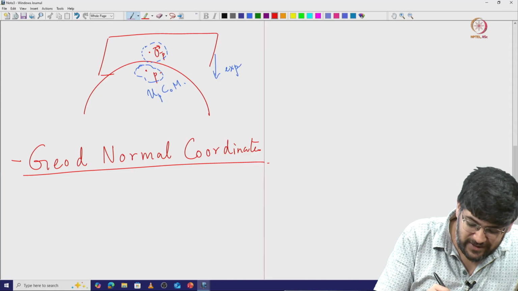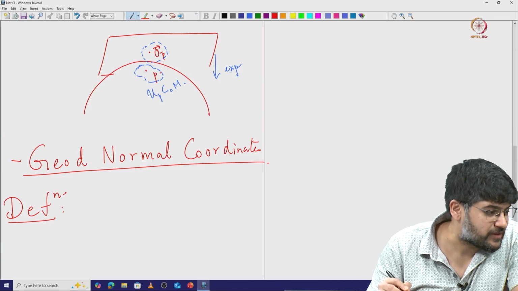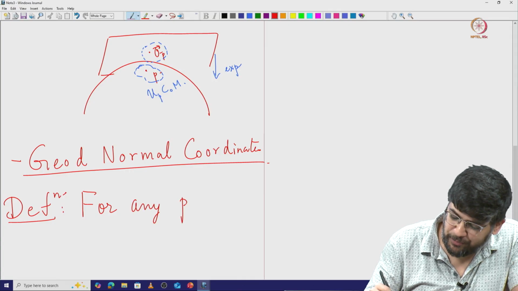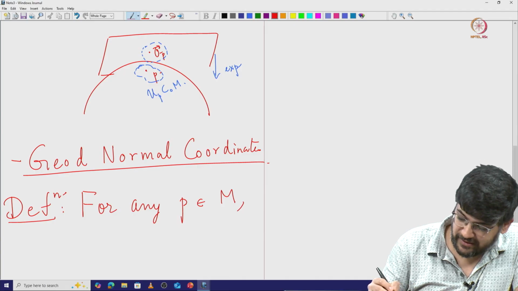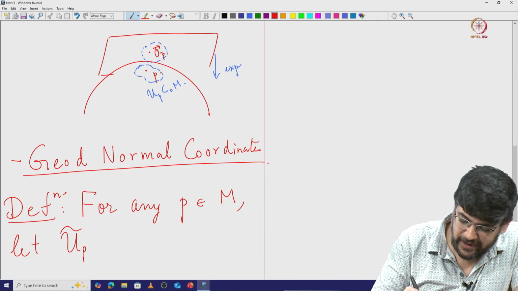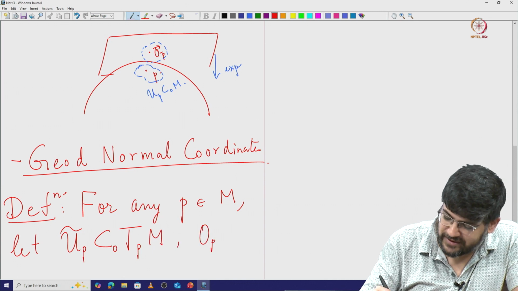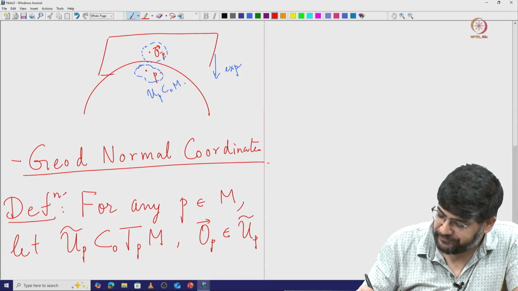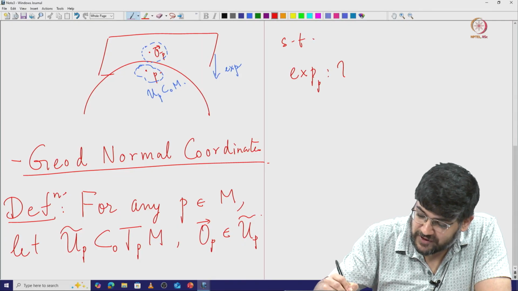Okay, so here is the definition. For any point P in M, let U P tilde be an open set in the tangent space containing the origin, containing the 0 vector, such that the exponential map is a diffeomorphism.